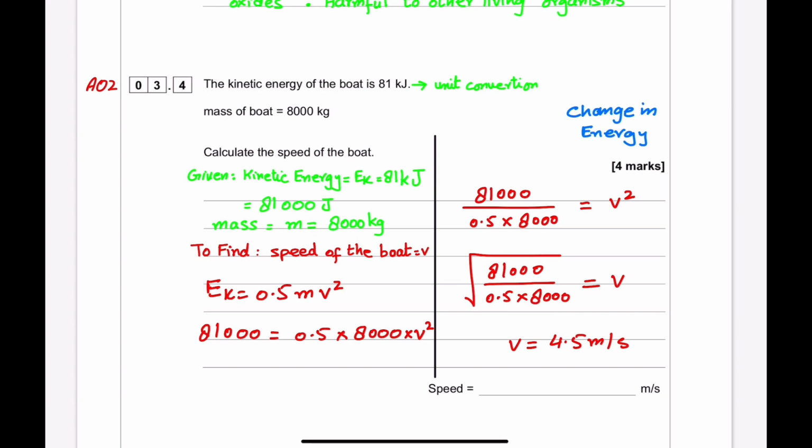Student will get 1 mark for converting the units, 1 mark for substituting the value, 1 mark for rearranging, and 1 mark for the answer. The correct answer is 4.5 meters per second.